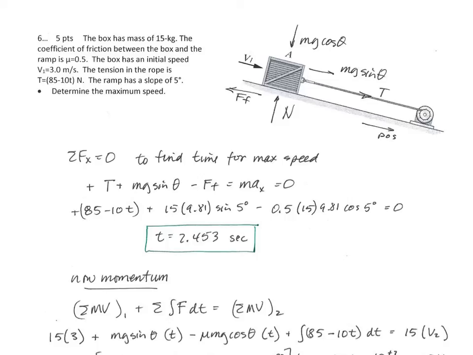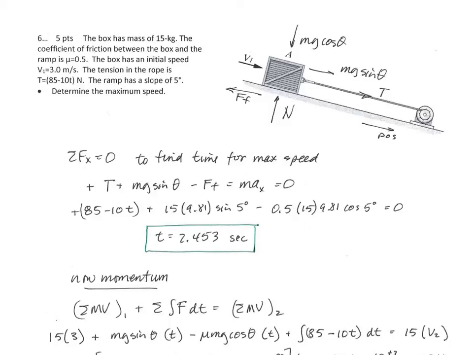And then the last problem is the maximum speed question. We did several of these in class and in homework. Several ways you can go about this, but probably the easiest is to find, in this case it's a momentum problem because the tension here in the string driven by that motor is a function of time.